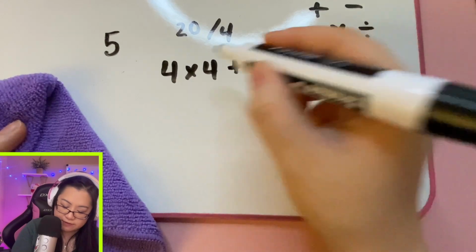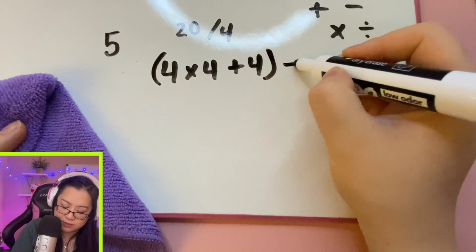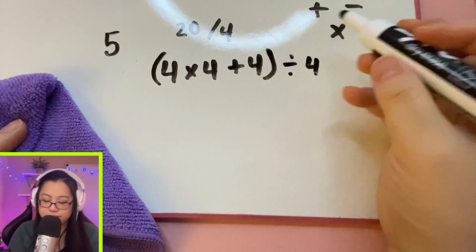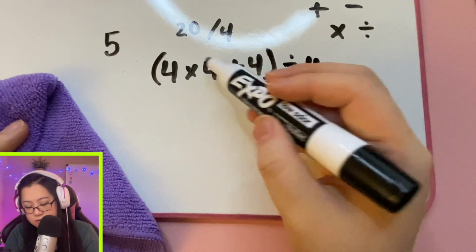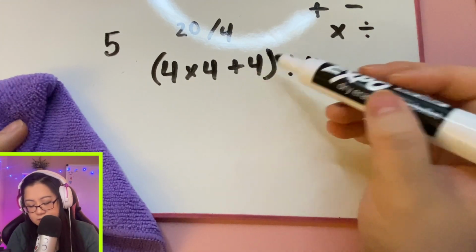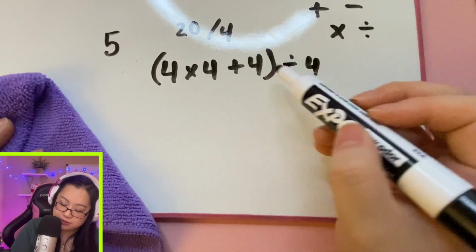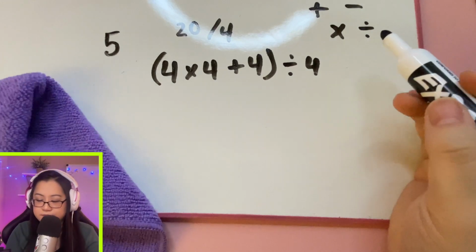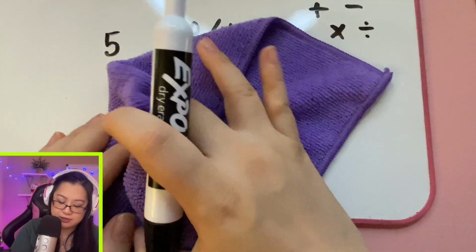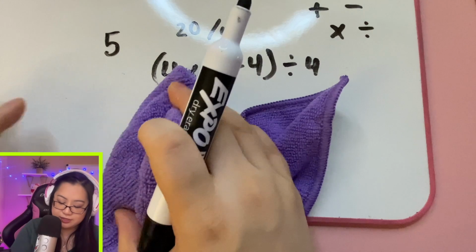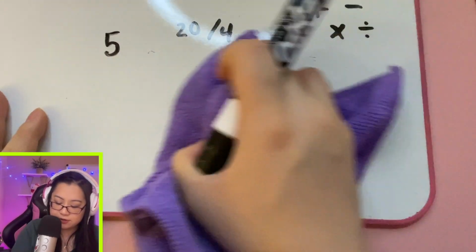And so I do all that first, and then divide it by 4. Does that work? You do 16, and then plus 4 is 20, divided by 4. Nice. So 4 times 4 plus 4, divided by 4, is 5. That's 20 divided by 4 is 5.